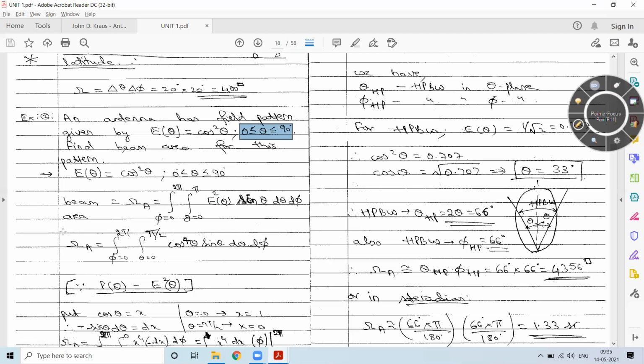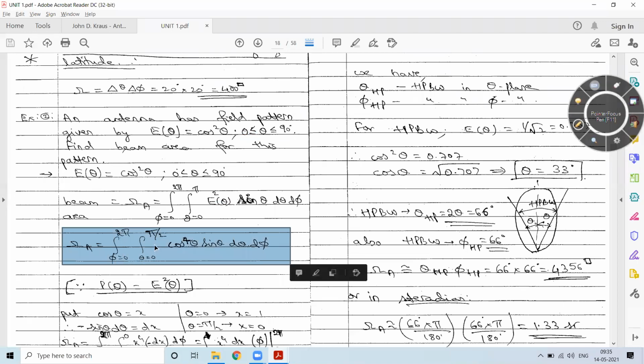So we substitute the limits: phi from 0 to 2 pi and theta from 0 to pi by 2, and E square theta is cos square raised to square. So it is cos raised to 4 theta into sine theta d theta d phi.